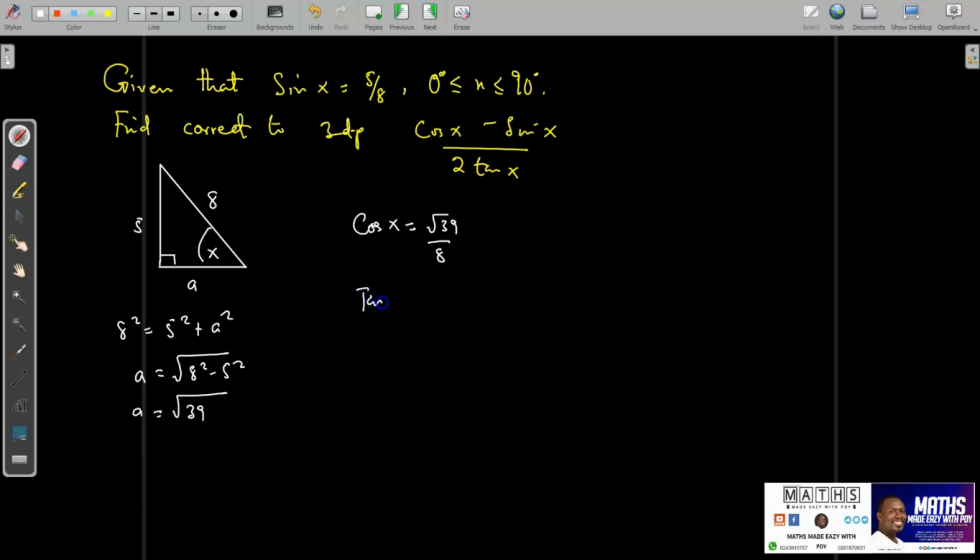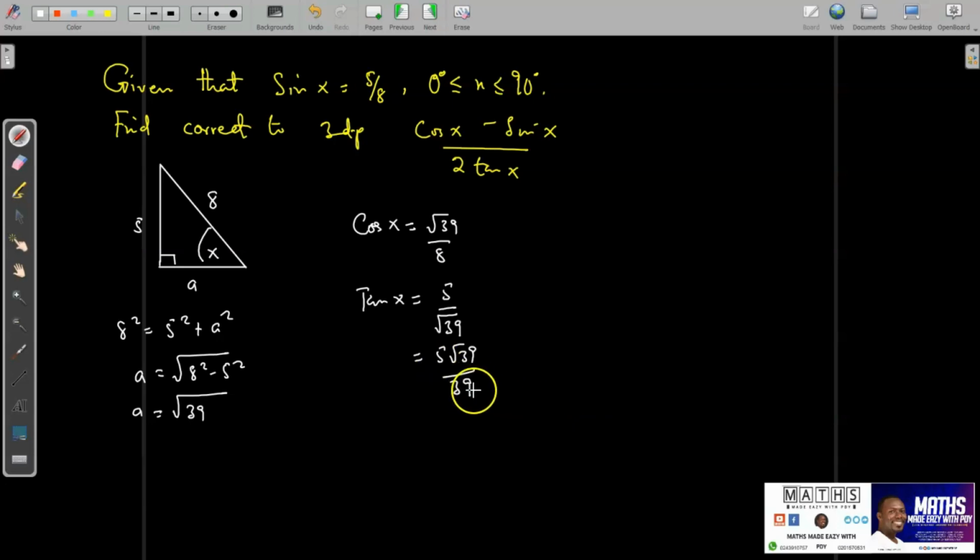Tan x will be opposite over adjacent, which is 5 over root 39, the same as 5 root 39 over 39. Do you agree? Or did you rationalize it?